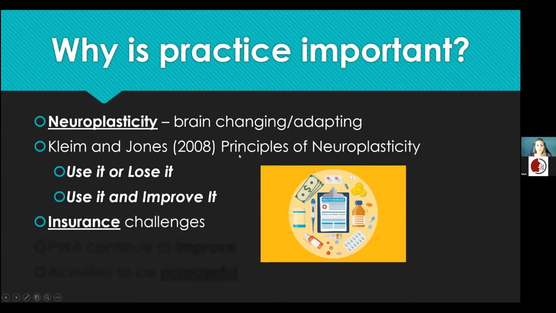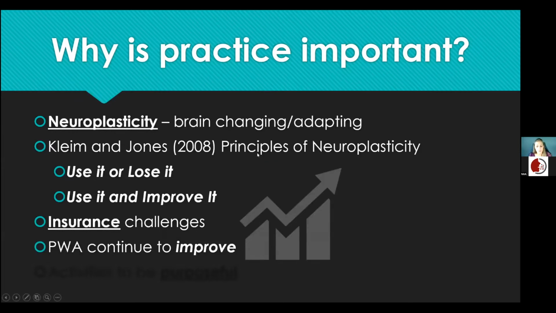And here's the thing, we also know that people with aphasia can absolutely keep getting better if they keep working at it for many years after stroke or brain injury. But you likely don't want to continue to pay for those services for the rest of your life. Maybe you don't want to participate in therapy for the rest of your life, understandably so.